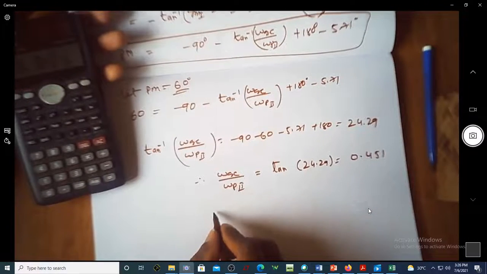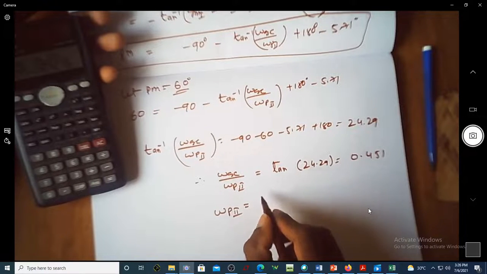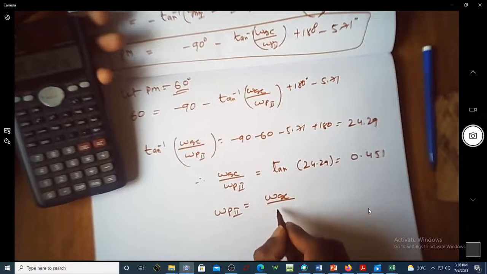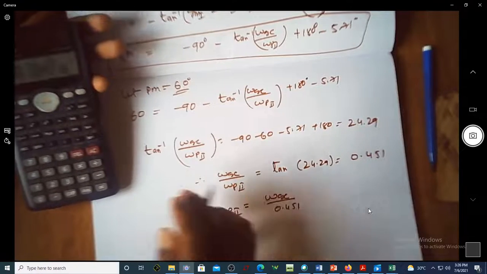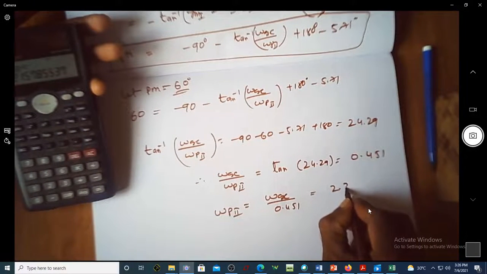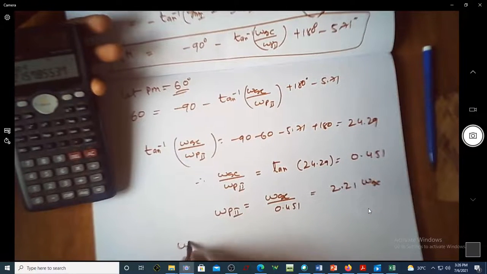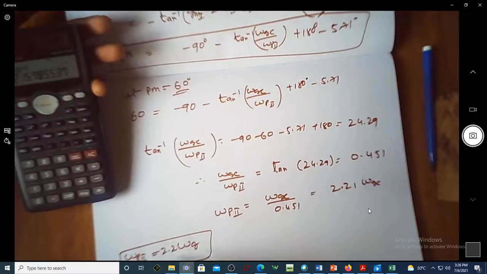So what it means is omega p2 should be omega gc by 0.451, and that is 2.21 times omega gc, meaning omega p2 is equal to 2.2 times omega gc.